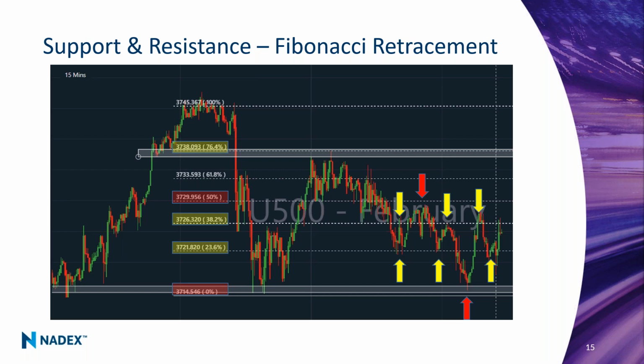Beyond just trends, traders also look for support and resistance. Often a lot of that is based on supply and demand, but there are tools out there like Fibonacci, and other tools we'll take a quick peek at, that can help you identify potentially interesting levels for trades, whether entering or exiting a trade.